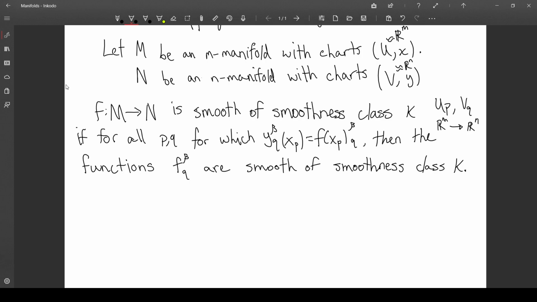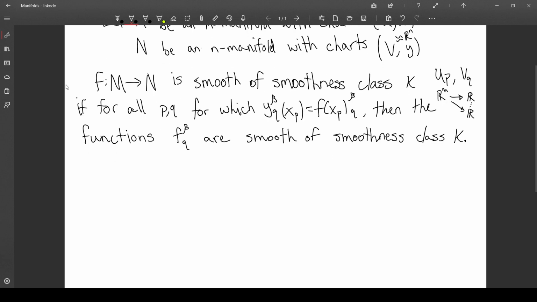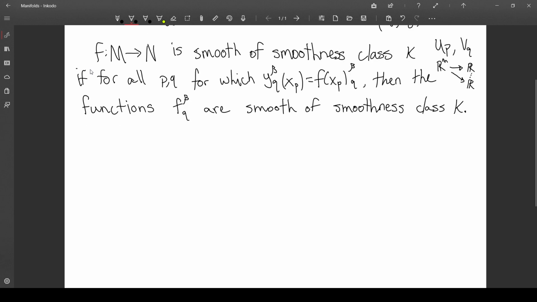And furthermore, we're breaking up this function into n functions from R^m to R. This is the context in which, in a multivariable analysis class, you would define differentiability when you're mapping into R like that. So that's how we define smooth.